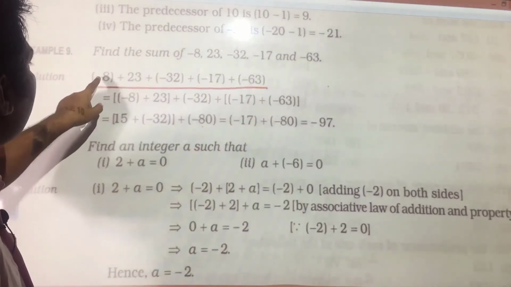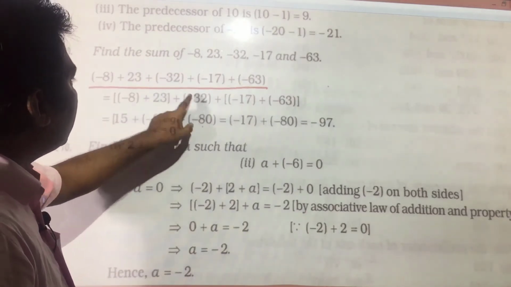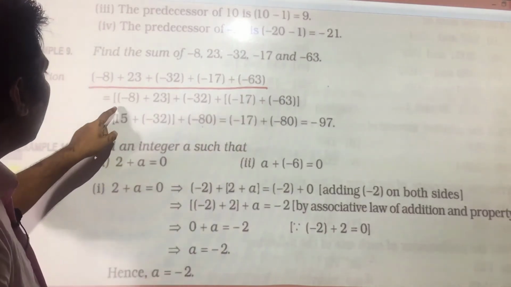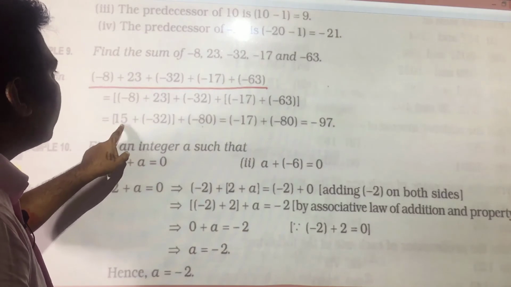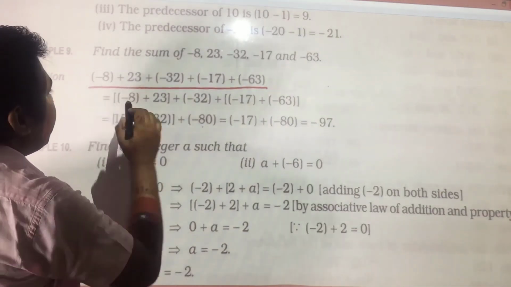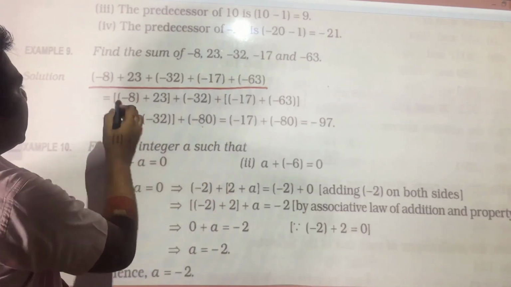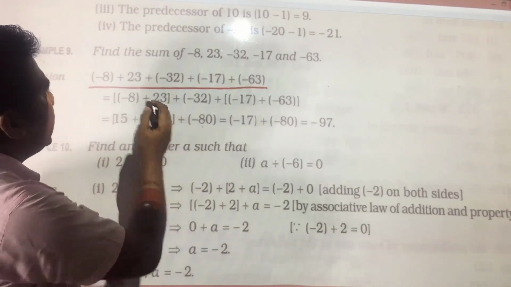Here you see minus 8 plus 23 plus minus 32 plus minus 17 plus minus 63. Now minus 8 plus 23, you have got 15. So in this way it can be solved, but what is the better way? If bigger numbers are there, what is required to be done? This is also okay, but what is the better way?